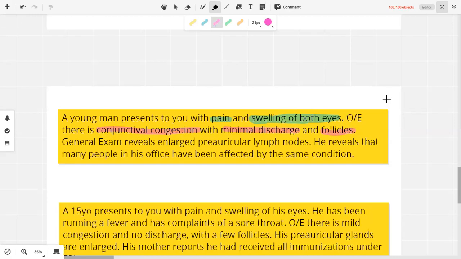Enlarged lymph nodes. Enlarged preauricular lymph nodes. Another important thing in this case: contagious. Many people are infected. Many people in his office have been affected by the same condition.